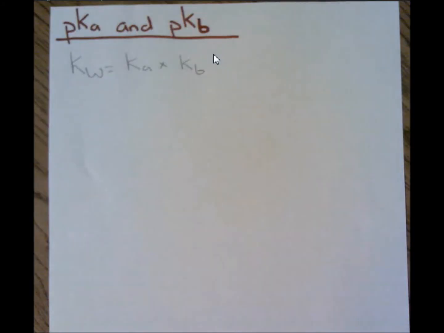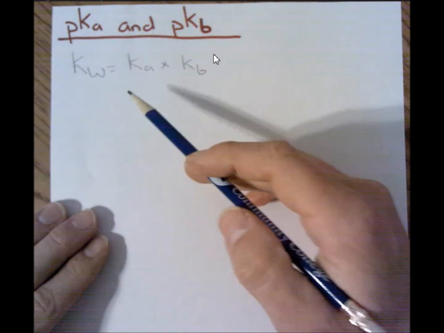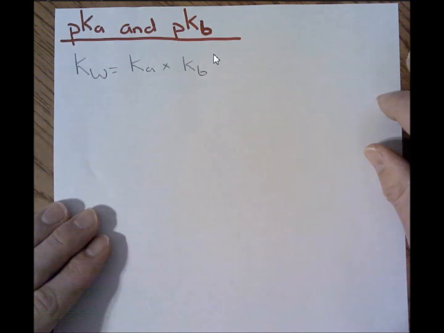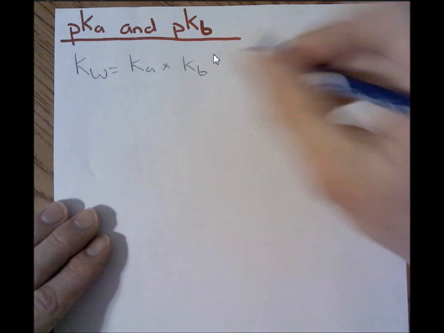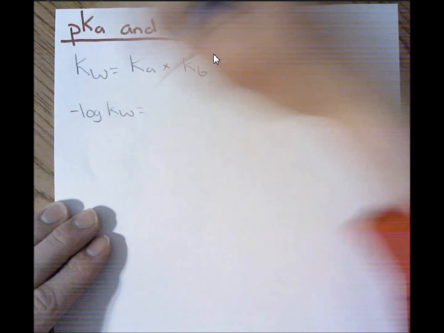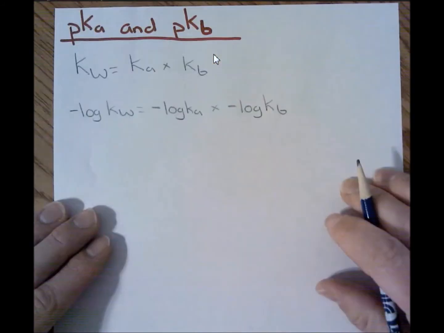What if instead of Ka and Kb, because they have those weird decimal numbers, what if we have the negative log of Kw equals the negative log of Ka times the negative log of Kb?